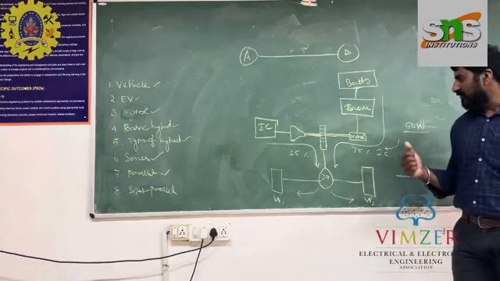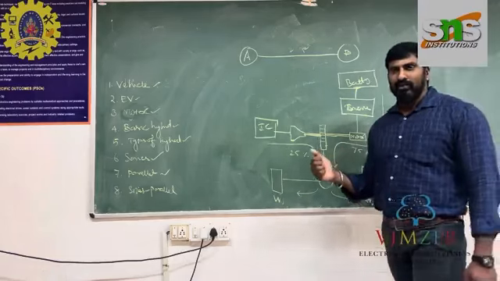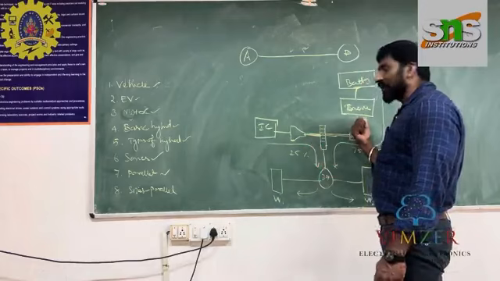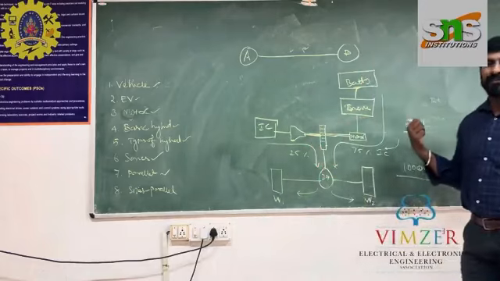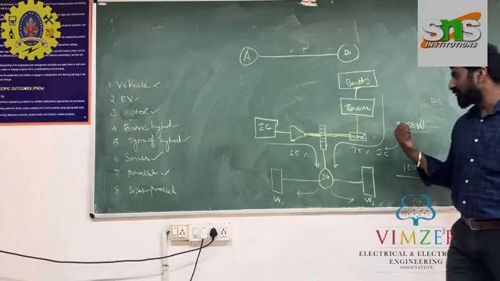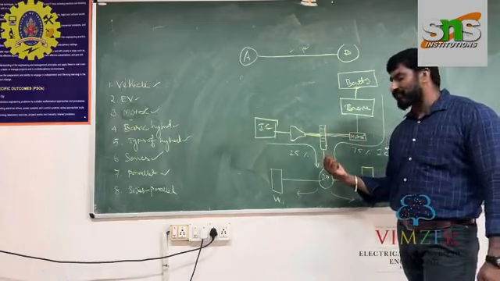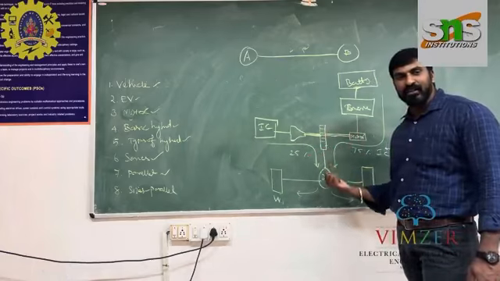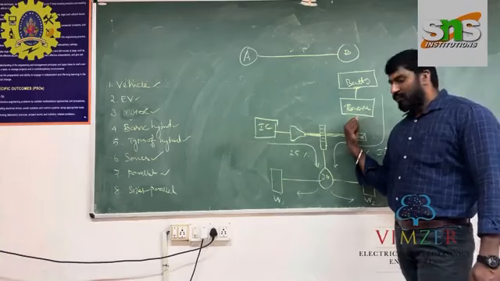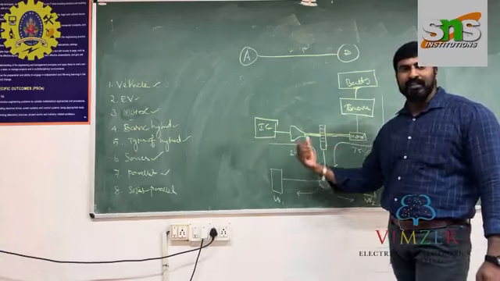In those conditions we need maximum power. Due to that constraint, we cannot design our battery for the maximum power rating. That's why we design the battery at 25 to 75% of the maximum rating of the motor, and the remaining power is taken from the internal combustion engine.